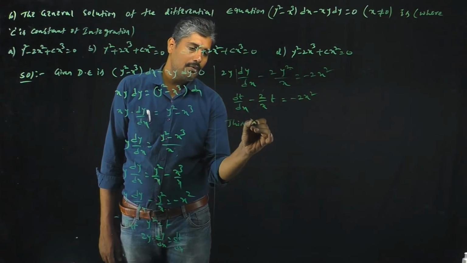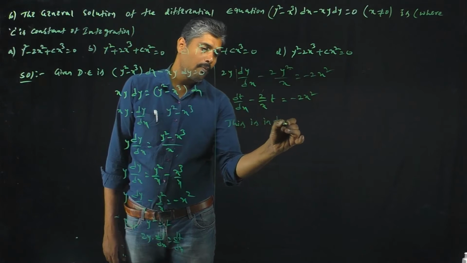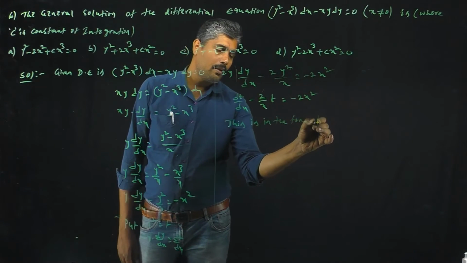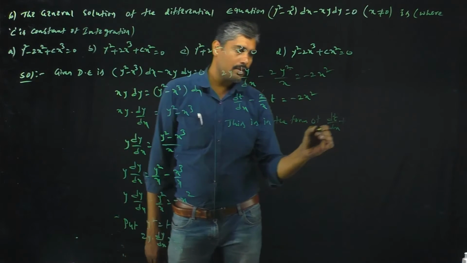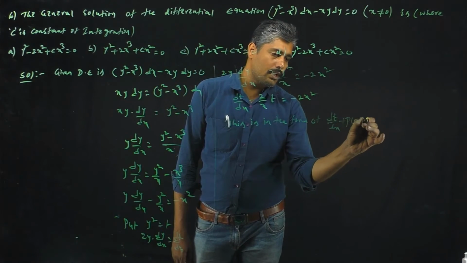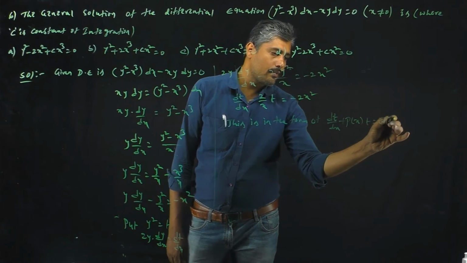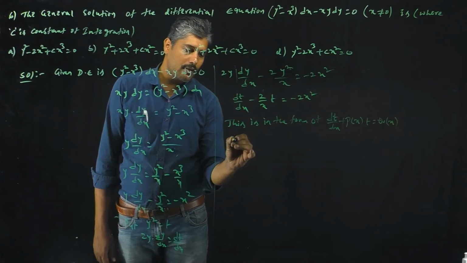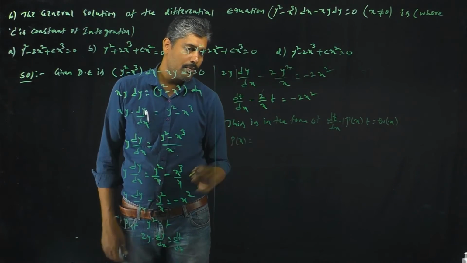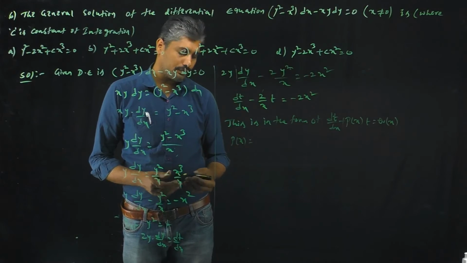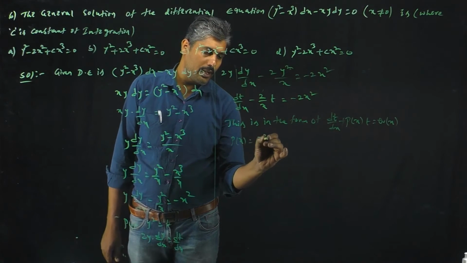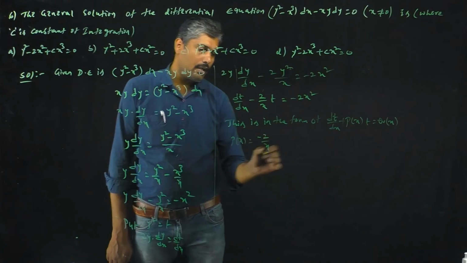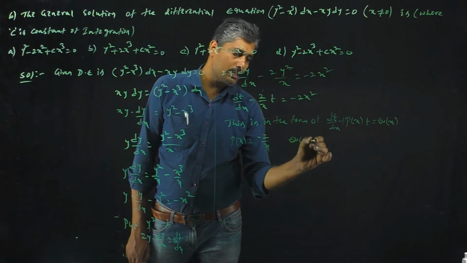This is in the form of dt by dx plus p of x into t equal to q of x. Here p of x equal to minus 2 by x and q of x equal to minus 2x square.